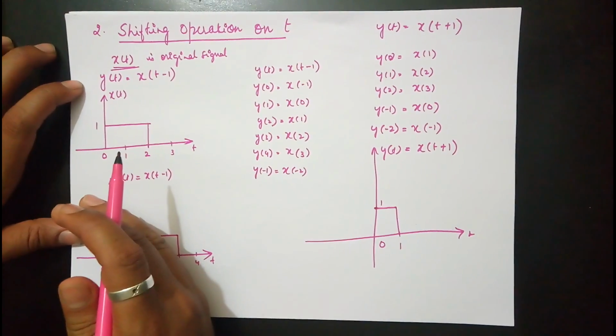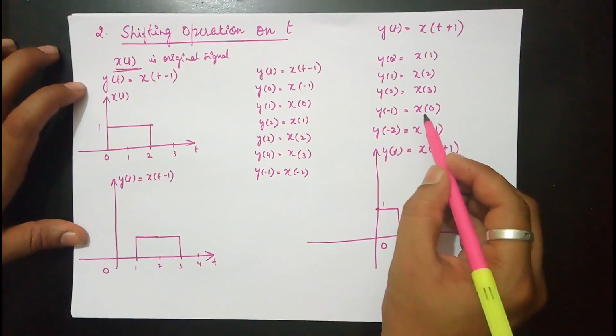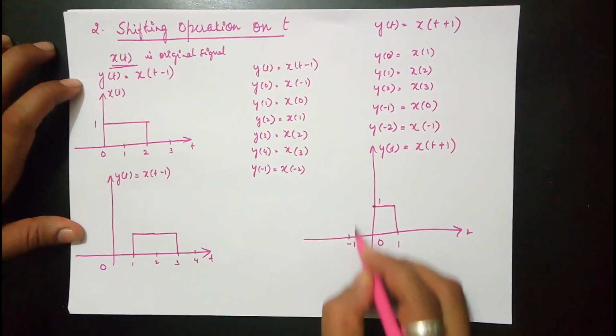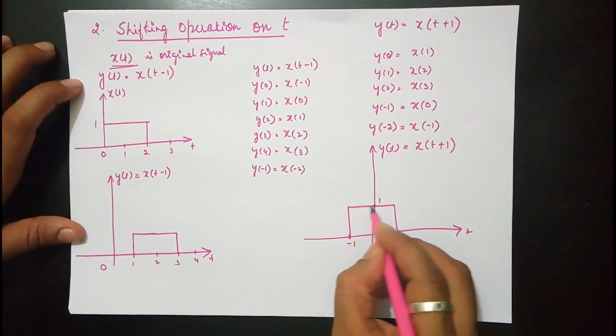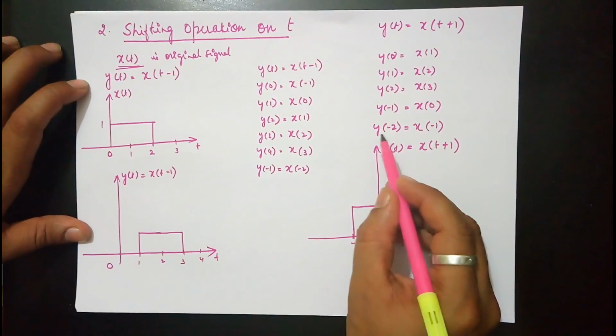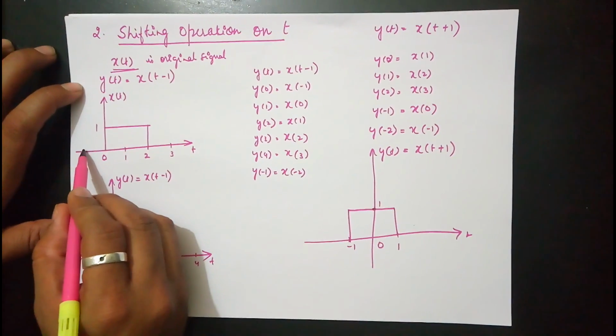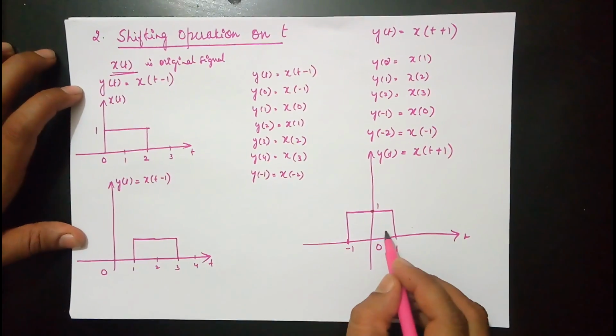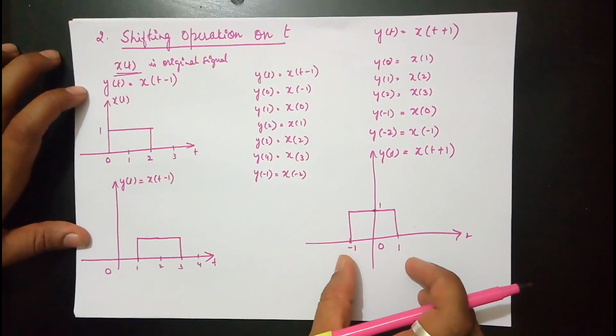To the left of t is equal to 0, y of minus 1 is x of 0. What do you have at x of 0? 1. So at minus 1 I will be getting this. Y of minus 2 is x of minus 1. Do I have any waveform at minus 1? No. So my waveform will look like this.